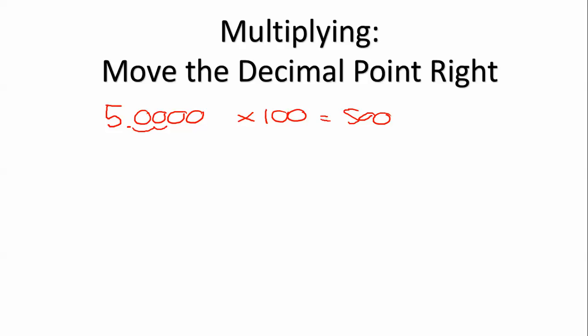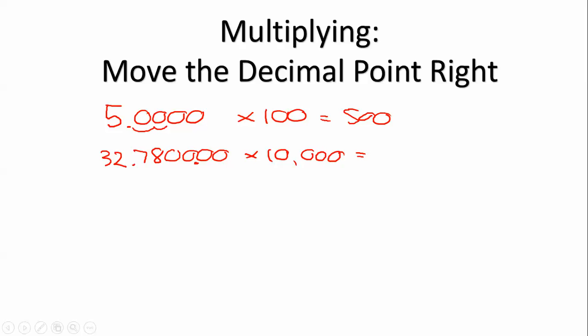But where this gets useful is you might have, let's say, 32.78. And in actual fact, in 32.78, where we stop specifying, it's all zeros after. And we're going to times it by 10,000. So, how many zeros have we got? 1, 2, 3, 4. How many places do we move it? 1, 2, 3, 4.